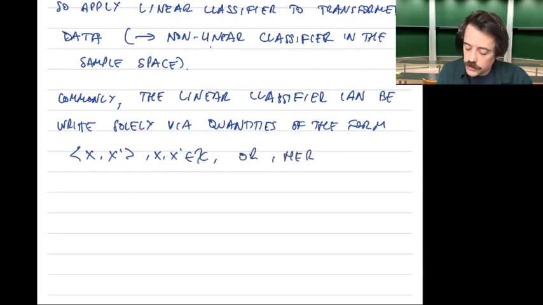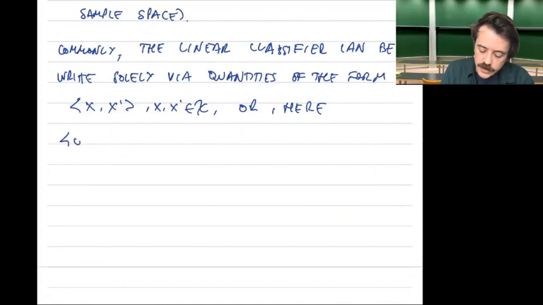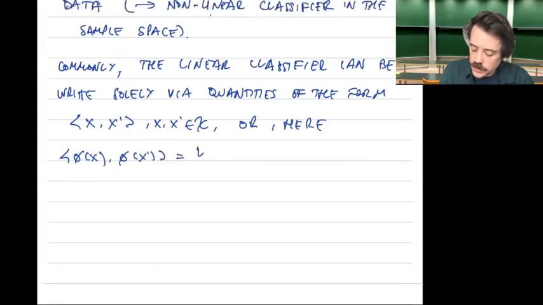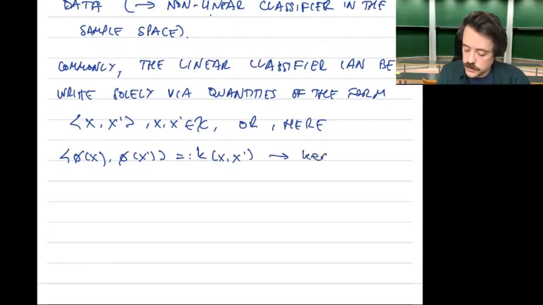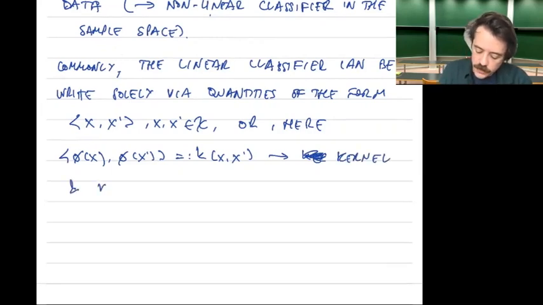In this new view, what we have is phi of x with the transformed data, and we can call this simply k of x and x prime, and this is going to be a kernel. So, the kernel and the kernel method.